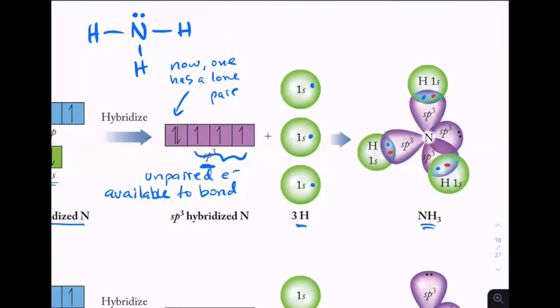All right. But then the other 2 electrons from nitrogen are in a lone pair, and that lone pair is now in the last sp3 hybrid orbital. There's still 4 sp3 hybrid orbitals, but now only 3 of them are involved in making sigma bonds. And again, these are sigma bonds. The density of the shared electrons is along the bond axis. And there's 3 of them now.